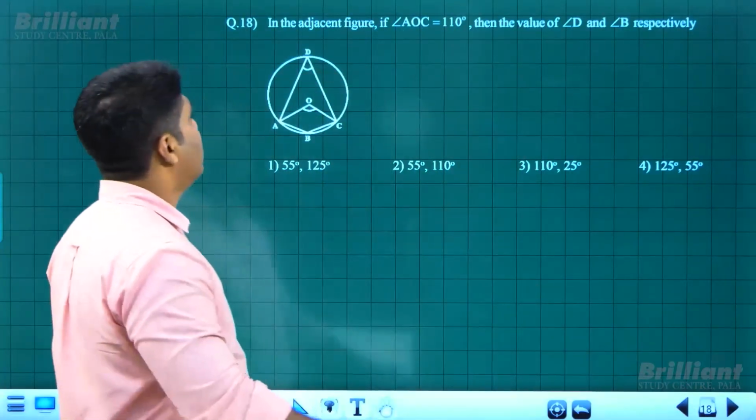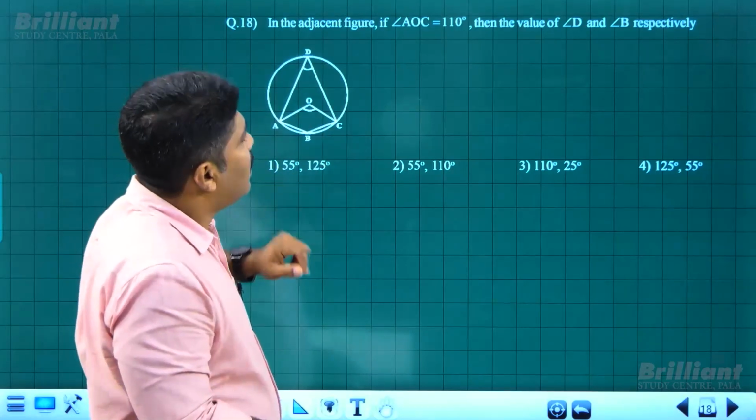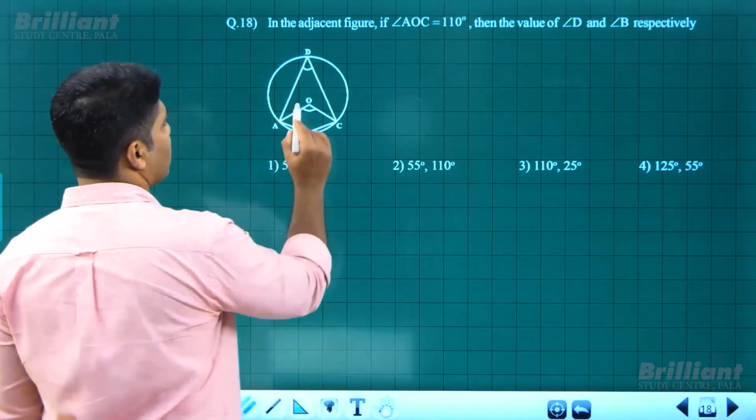Consider this question, the adjacent figure, angle AOC. It's a cyclic quadrilateral here. Angle AOC is 110.